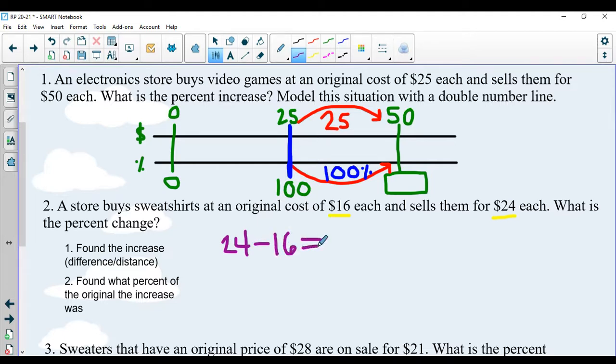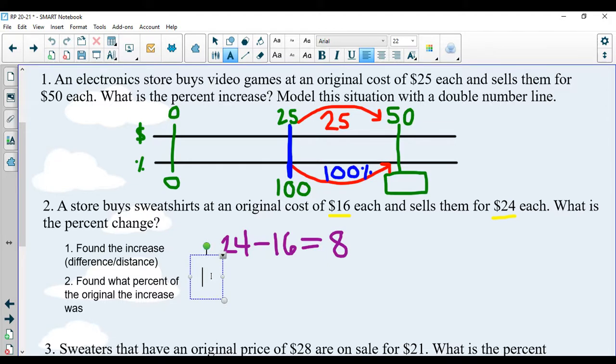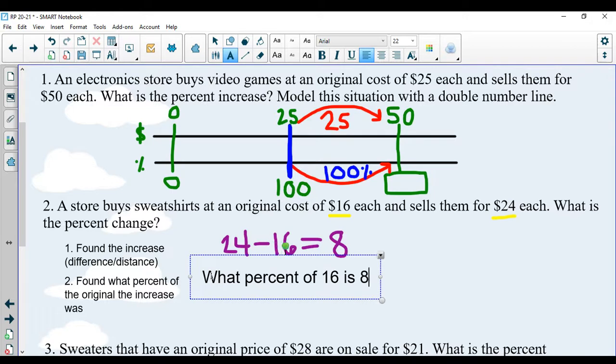Now, the next part of the steps that we used was to say what percent of the original price is this increase. So I could set this up a few different ways, but I'm thinking back to those percent equations. And I'm going to ask myself, what percent of 16 is 8?